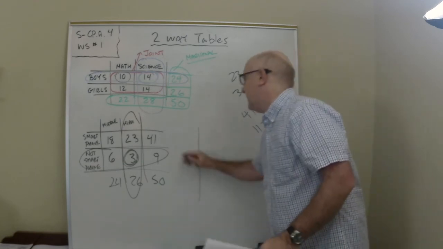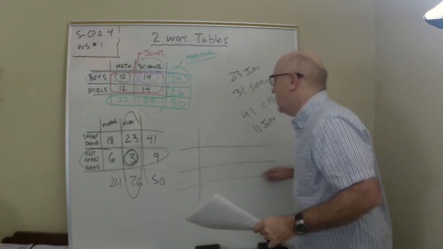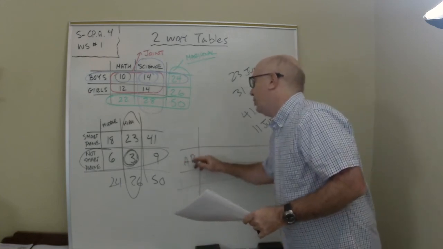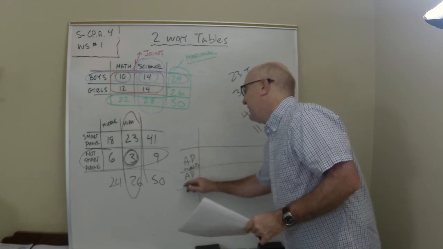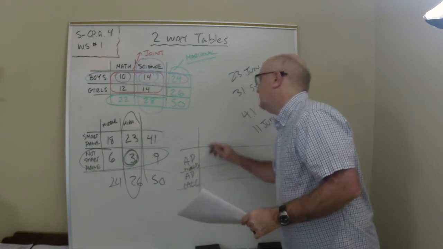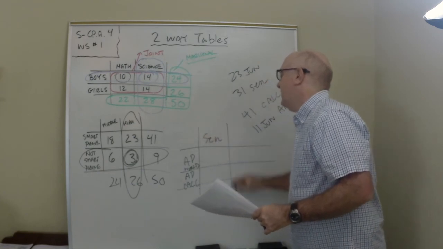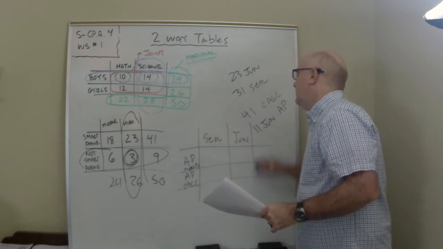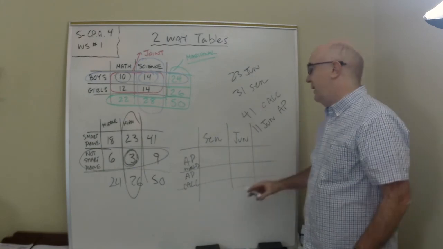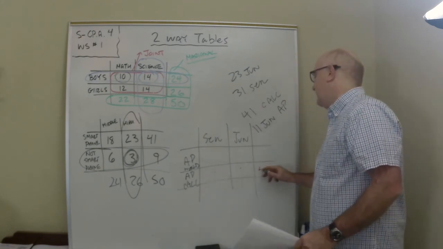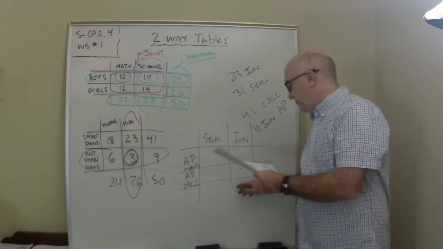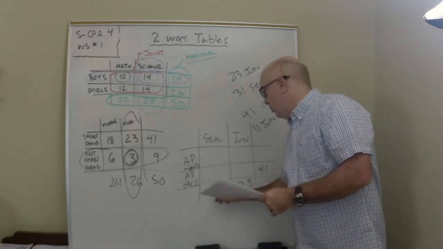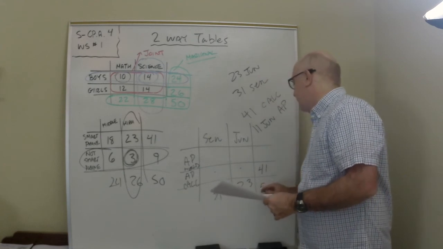All right, let's see if we can make this really quickly. So we've got AP World, we've got AP Calc, we've got seniors and juniors. And we know that 41 are in the Calc class. How many in total did it tell us? Oh yeah, there are 23 juniors, 31 seniors, 54 is the magic number.